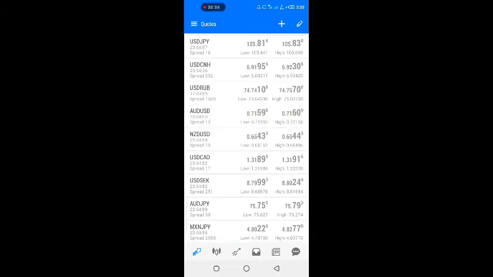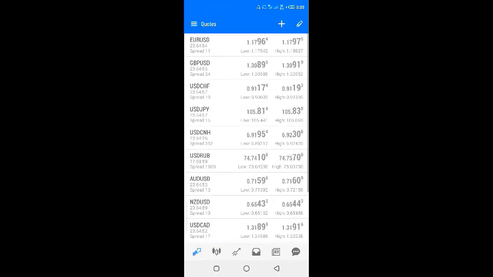Can you see the spread? 1,600, or 160 pips, 0 pipettes. For you to make a profit on this trade, you must have at least 161 pips in profit. So if you are not careful with your currency and the type of broker, your spread will cost you a lot.